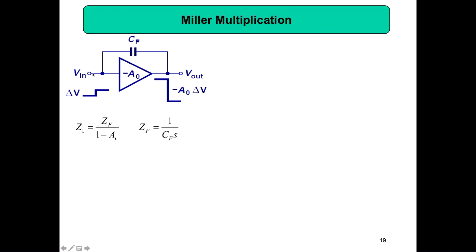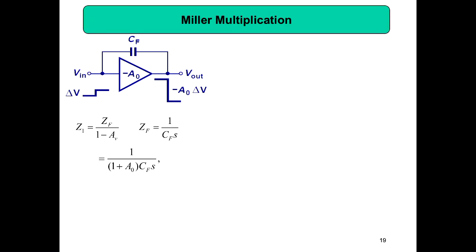So Z1, so I can split this capacitor into two in order to find out the pole. Z1 equal to ZF by 1 minus AV. ZF equal to 1 by CFS, impedance of this capacitor. S, that is equal to 1 by 2 pi Fc. For sinusoidal signal, S equal to J into omega, which we already discussed in the previous slide.